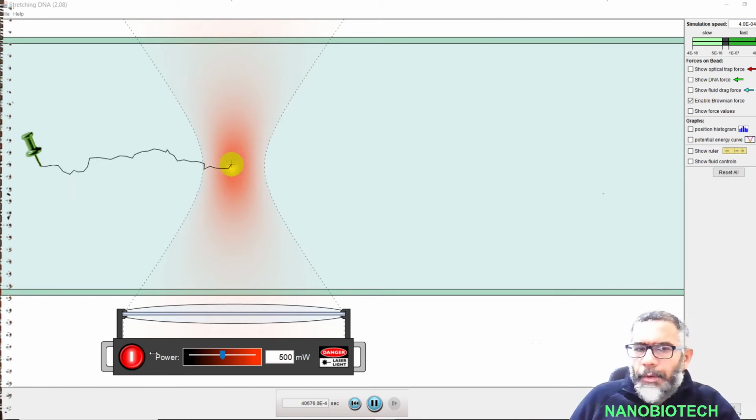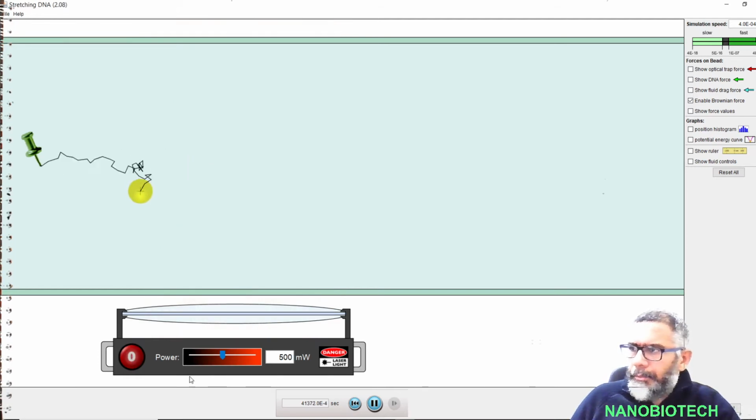Okay, that being said, now I will discuss what to do with this simulation. For this simulation, we won't use the optical diffuser, so we just turn it off. Once you turn it off, you see the motion of the sphere that the DNA is attached to going to this point.